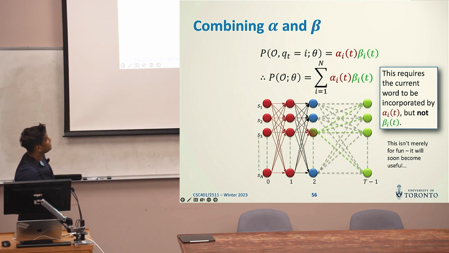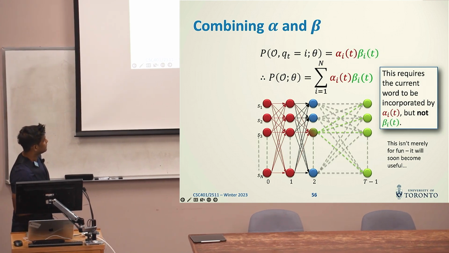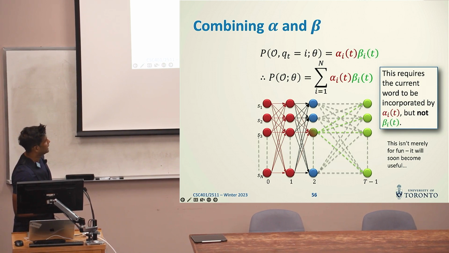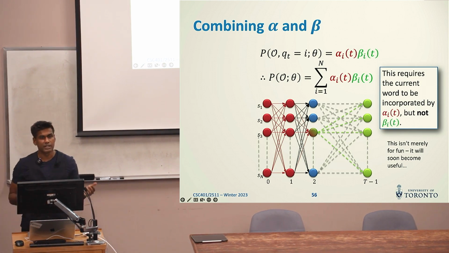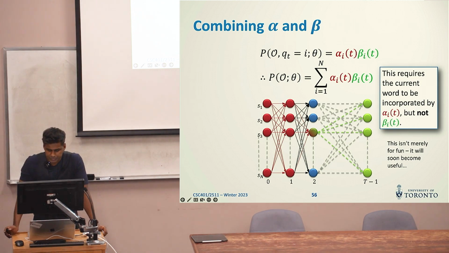Then you can just call alpha i2 and beta i2, and that gives you the answer. And if we wanted the observation likelihood at time step t, we just sum over this column, and we're done. We can do it at any time step, for t equals 1, 2, or anywhere in this trellis. So that is the advantage of having alpha and beta.